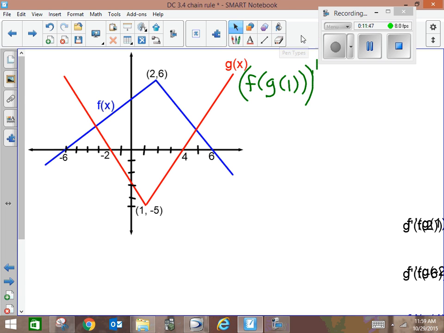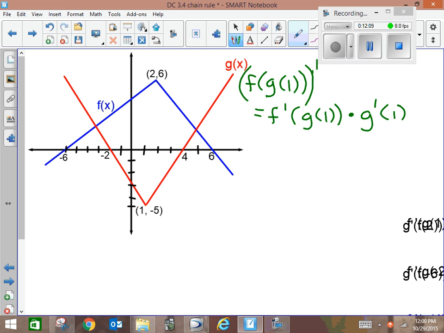All right. First of all, you're going to start with, of course, your formula. You can put the 1 in your formula, or you can put the 1 in later. What's your formula for the derivative of a composite function? Right. Good job, Molly.